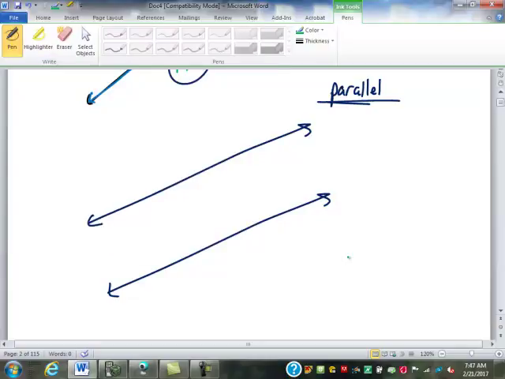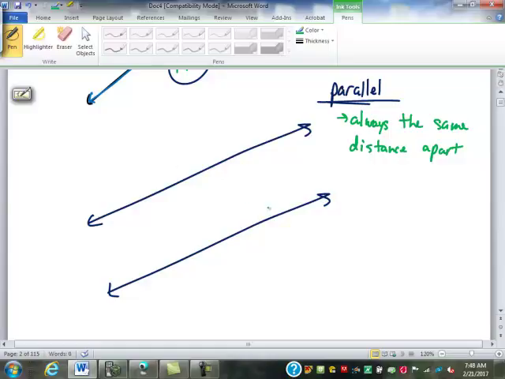So the definition of parallel is always the same distance apart. So parallel lines are always the same distance apart. The technical definition is everywhere equidistant. It's just a fancy way of saying always the same distance apart.